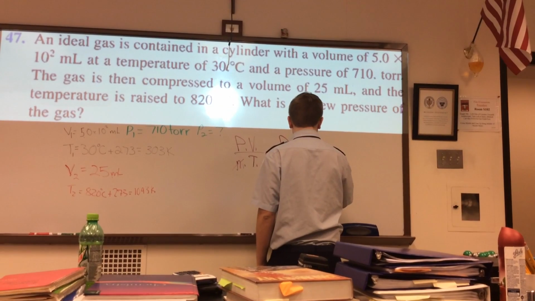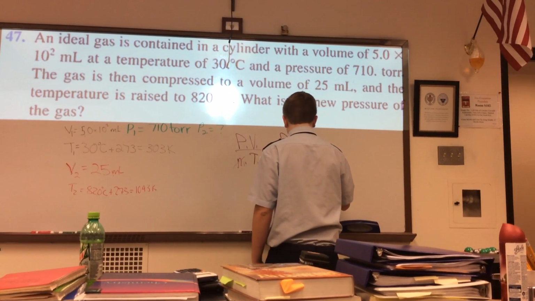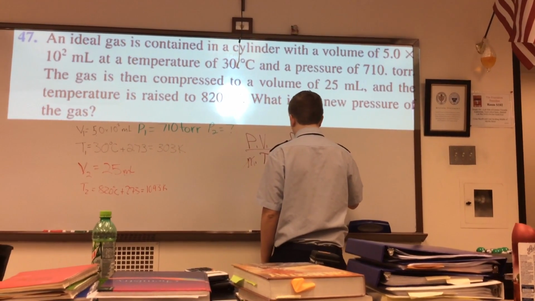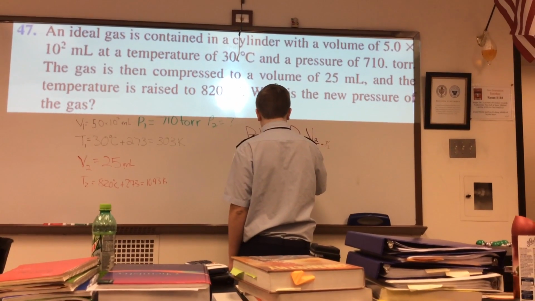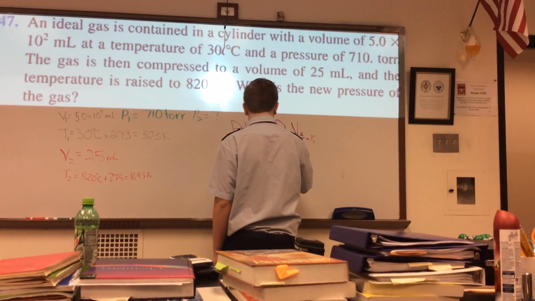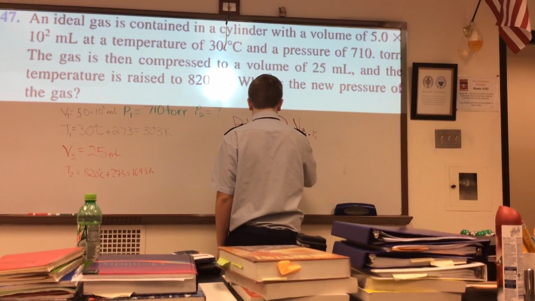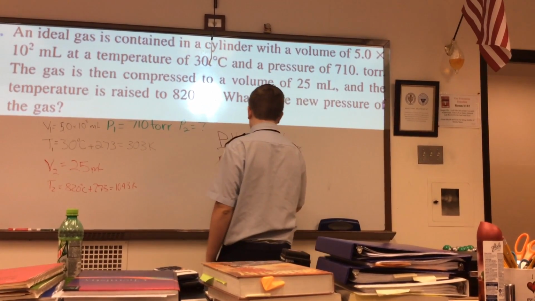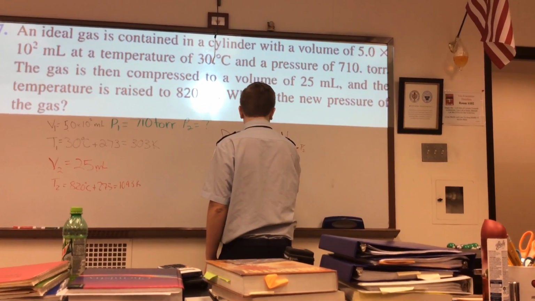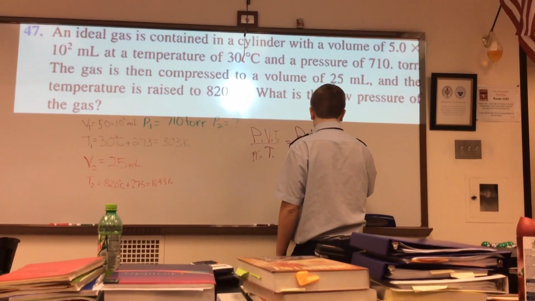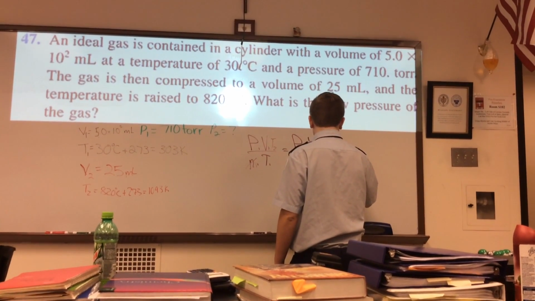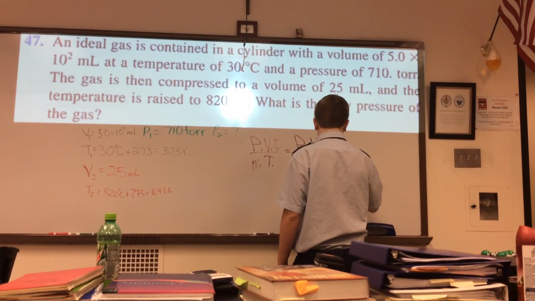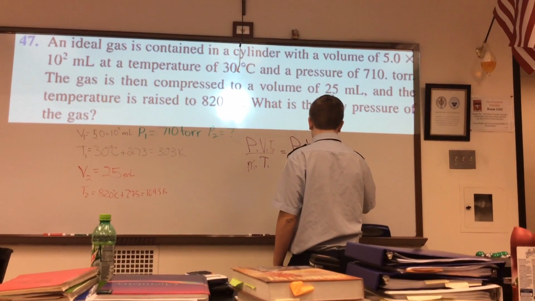You want it to cancel, so you want whatever you're trying to cancel. It's in the numerator, so let's just make sure it's clearly in the numerator. T2 up there. Okay, good. And then we're going to divide by what? No, don't do that. Let's make a division bar.